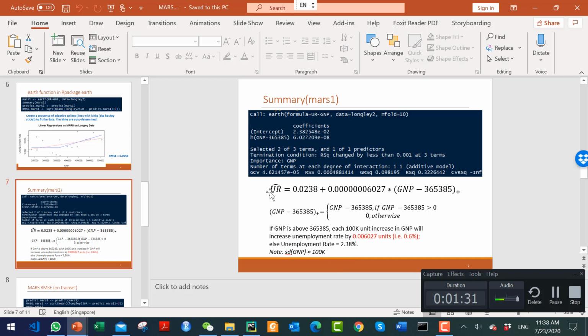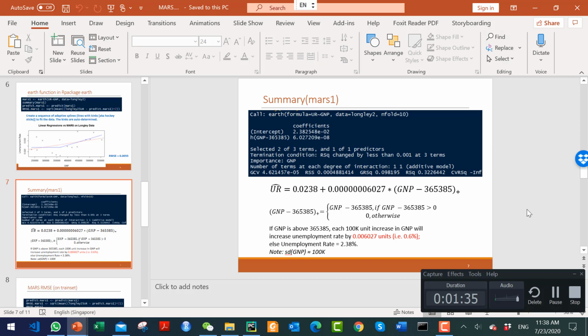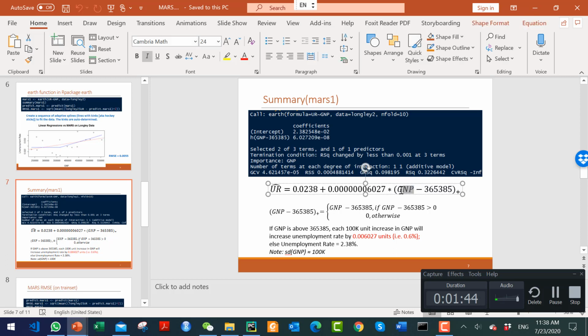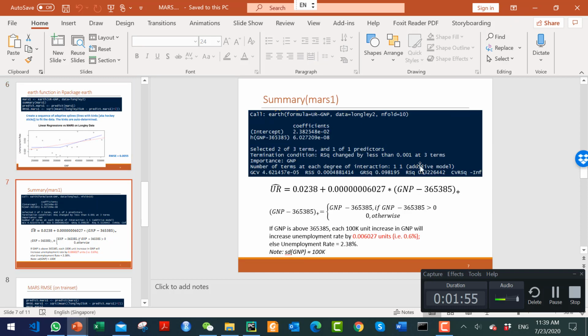So this is how the formula is represented. So this is the point for the gross net productivity, minus this 365,385, which is this point. So you have two different lines inside this formula.